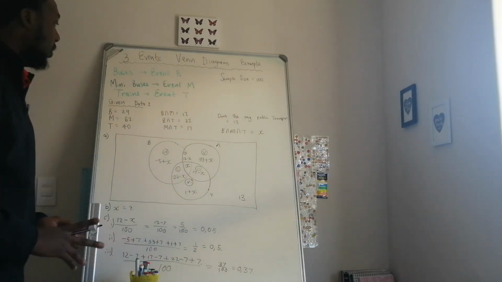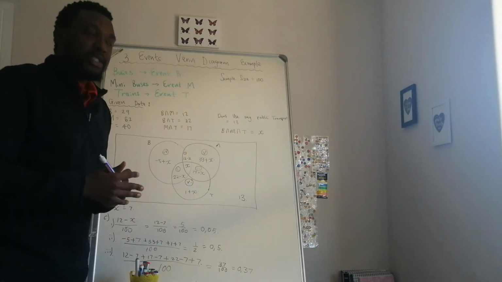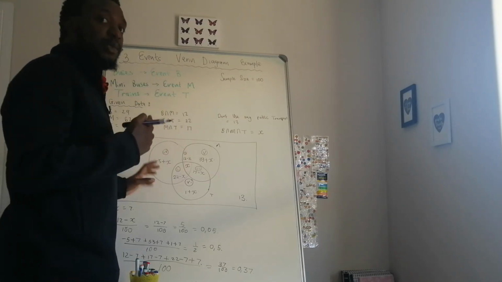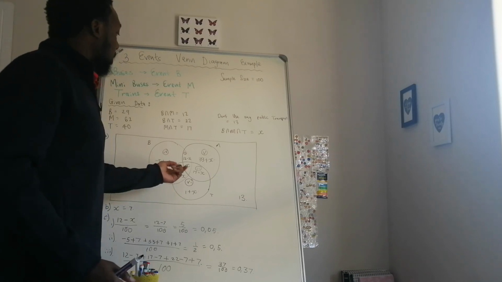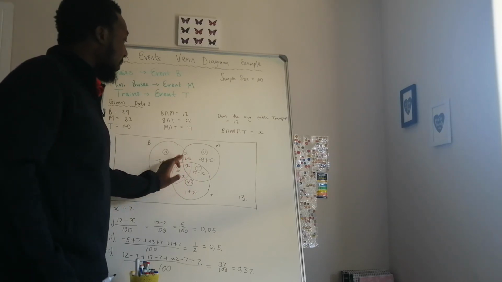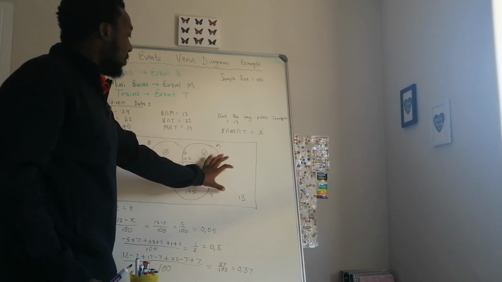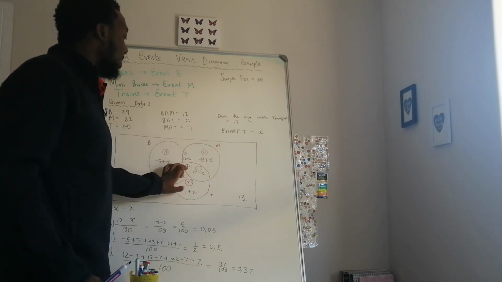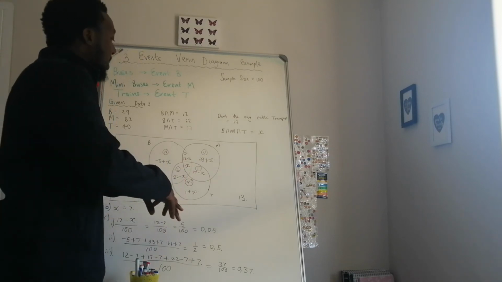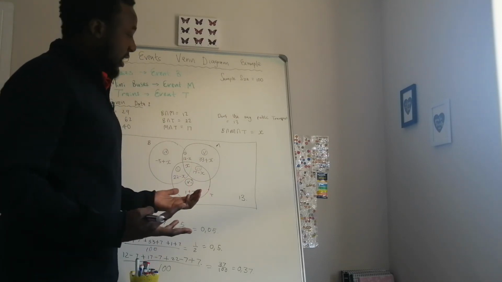So there we go. Let me just run you through it again. This question was different from the first one I did in my first video, because now we had an unknown. This area where B intersects with M intersects with T was unknown. So I had to call it x, and I still worked my way outside.